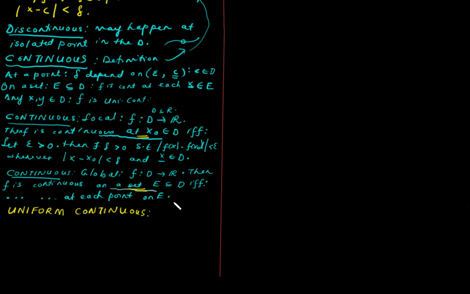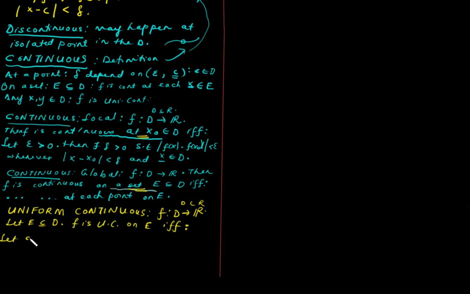So suppose you have a function, again f goes from D to R, we're going to be consistent here, and D is a subset of R, of course. We will say that f is uniformly continuous on a set. So in this case, again, we want to let E be a set in the domain. So we will say that f is uniformly continuous on E if and only if this definition follows.